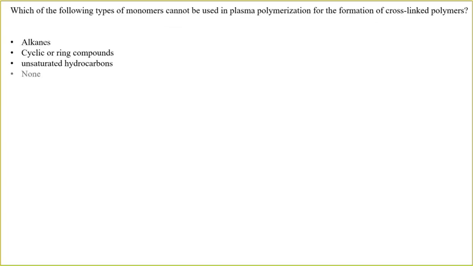Which of the following types of monomers cannot be used in plasma polymerization for the formation of cross-linked polymers? Alkanes, cyclic or ring compounds, unsaturated hydrocarbons.